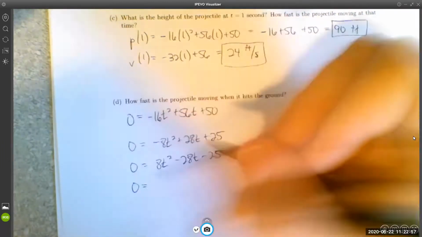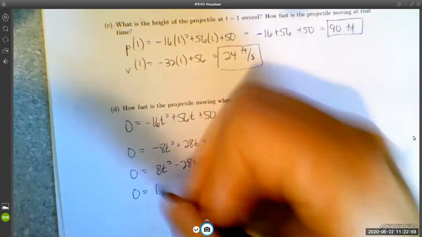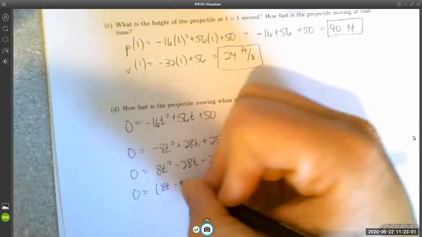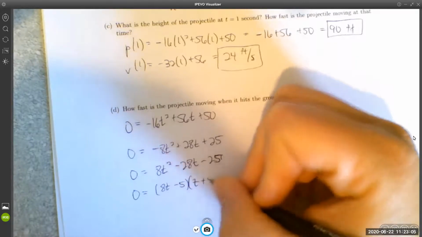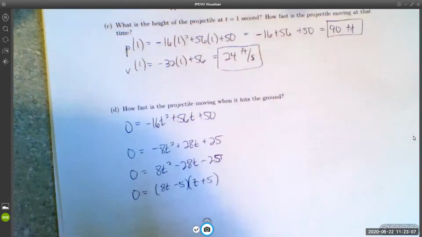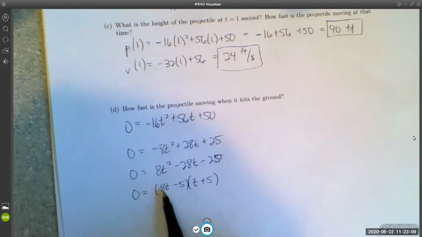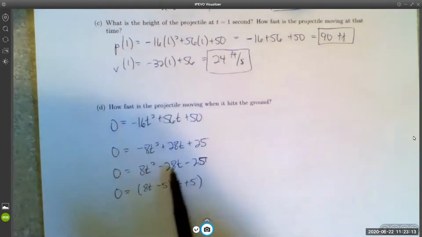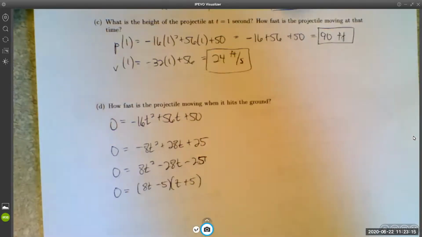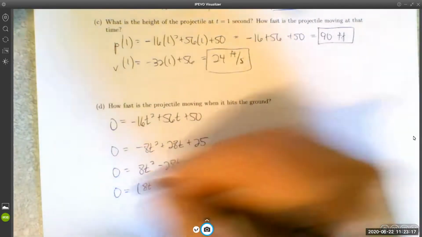Maybe it's not even factorable. I don't think this is going to work out, right? We get 40 minus 5. That's 35, not the 28 we're looking for. So I don't think that's going to work for us.